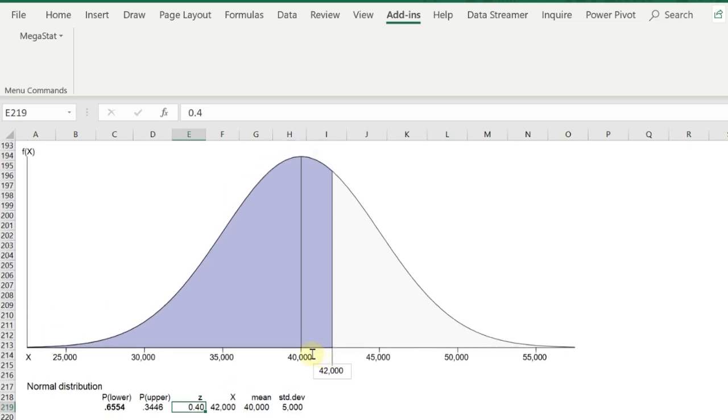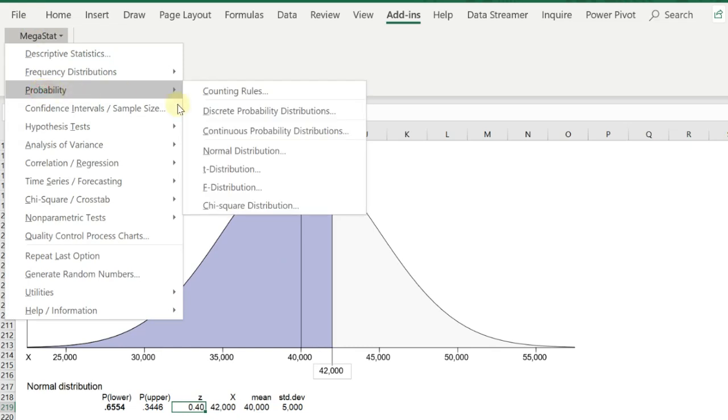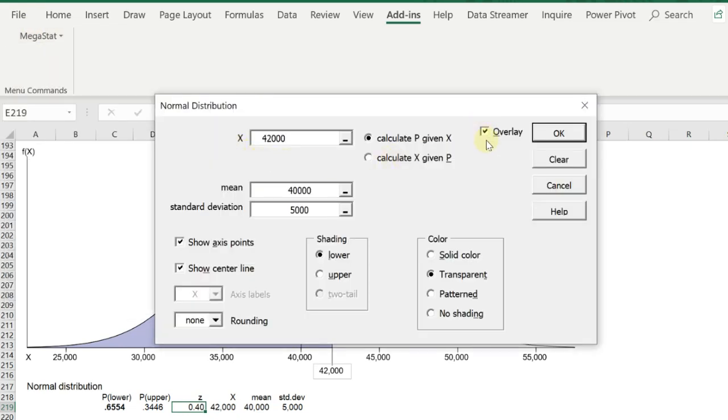To get between, we need to overlay another one on top of this distribution. So I go Megastat, probability, and normal. Here's the overlay, checked, and change the lower number to 32,000. Make sure you change the shading to solid color, so there's a pronounced difference between the two shadings.